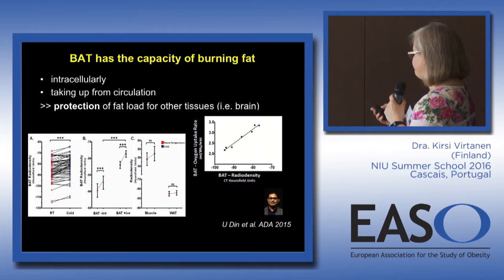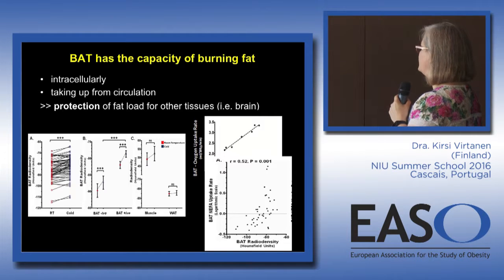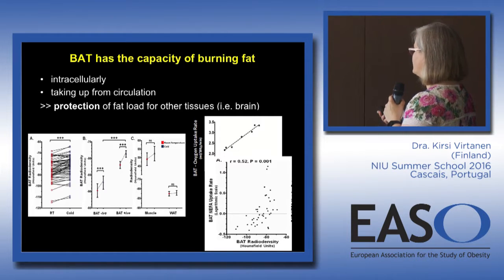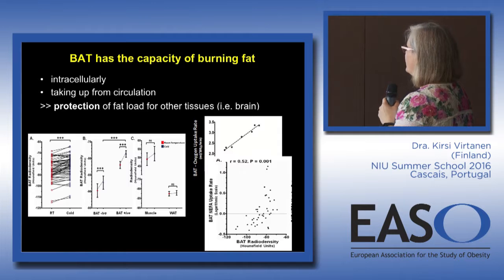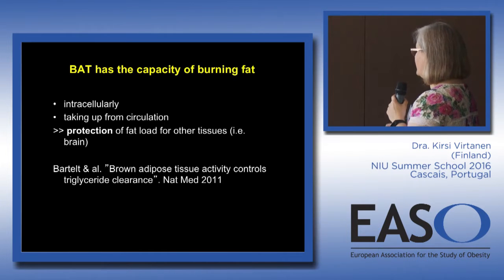So animal studies have shown that brown fat activity might control triglyceride clearance. They showed this by exposing rats to cold, and showed that there was a difference in triglyceride elimination.